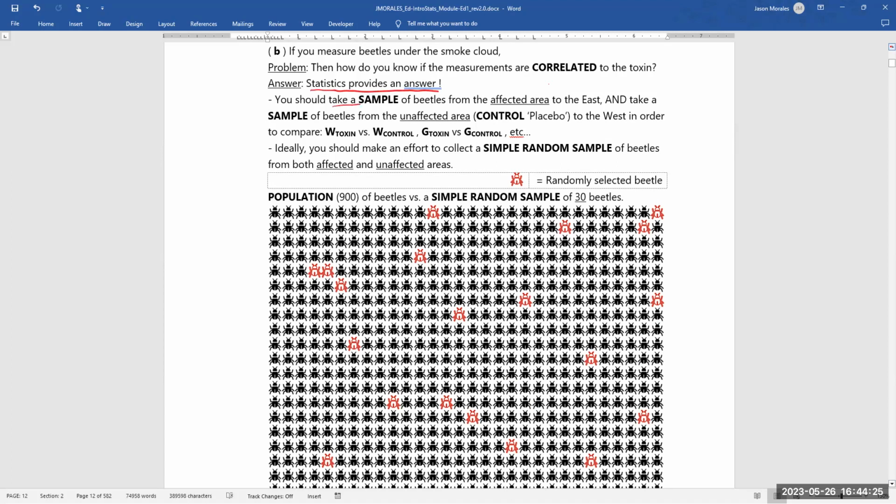You should take a sample of beetles from the affected area to the east and take a sample of beetles from the unaffected area, that's your control, to the west, in order to compare the weight of beetles that have toxin versus the weight of the beetles in the control area, the gender of the beetles underneath the toxin, and the gender of the beetles in the unaffected area. Ideally, you should make an effort to collect a simple random sample of beetles from both affected and unaffected areas.